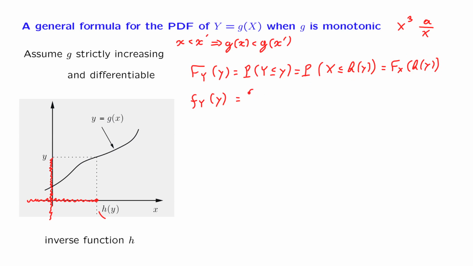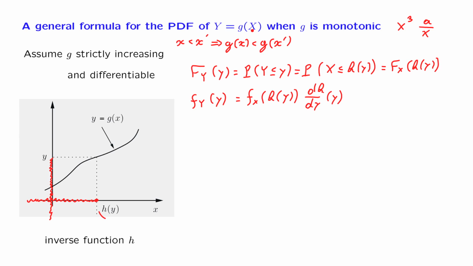The derivative of the CDF is a PDF. And then the chain rule tells us that we also need to take the derivative of the term inside here with respect to its argument. And this is a general formula for the PDF of a strictly increasing function of a random variable x.